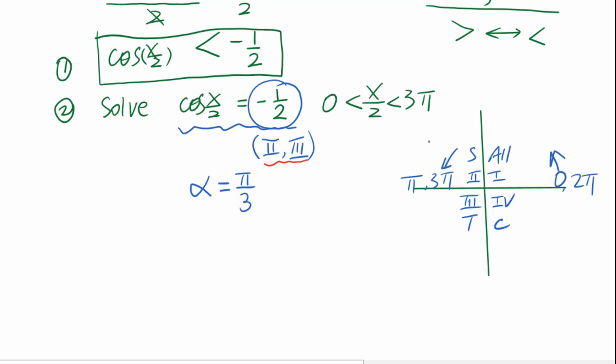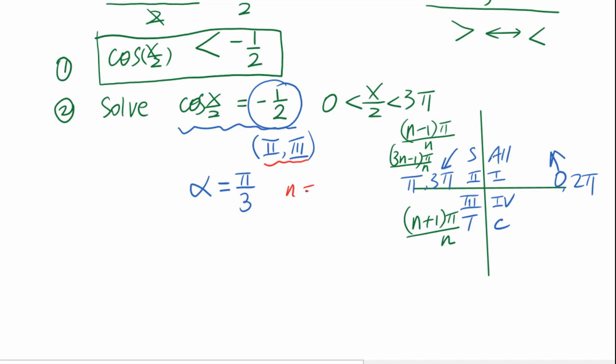We only need to write down the pattern for the second and the third quadrant. For the second quadrant, we have n minus 1 pi over n. We have 3n minus 1 pi over n. For the third quadrant, we have n plus 1 pi over n.